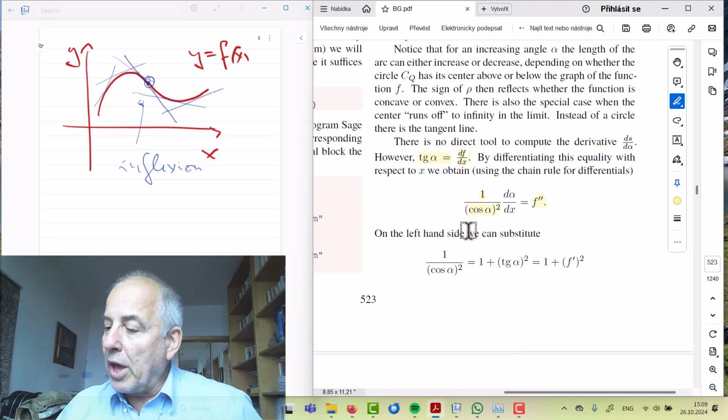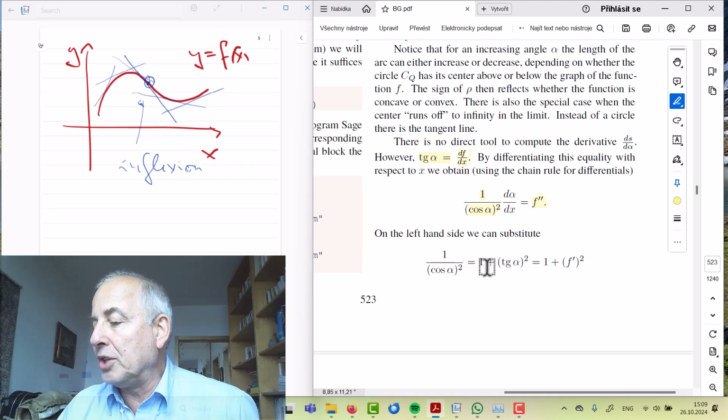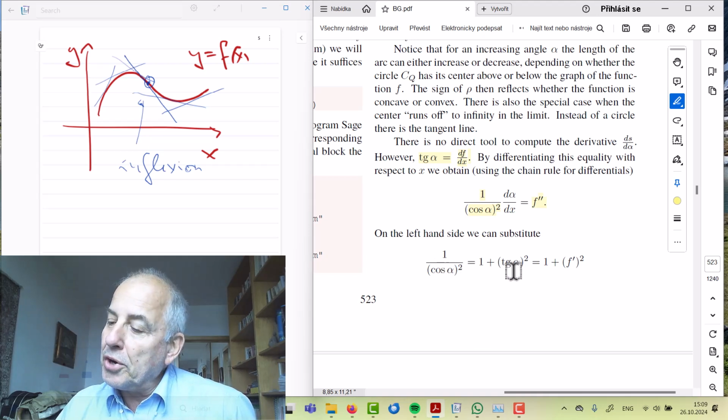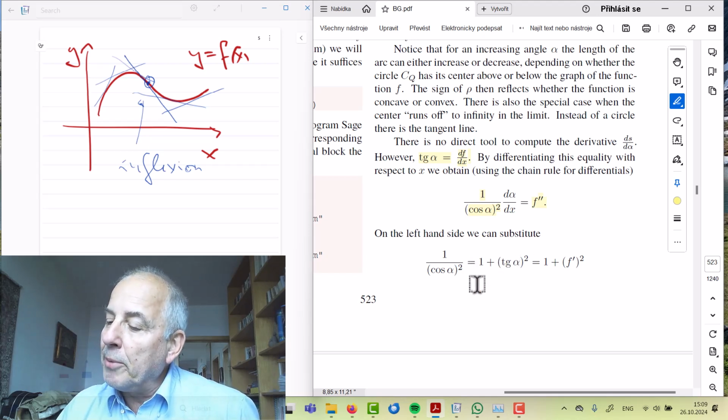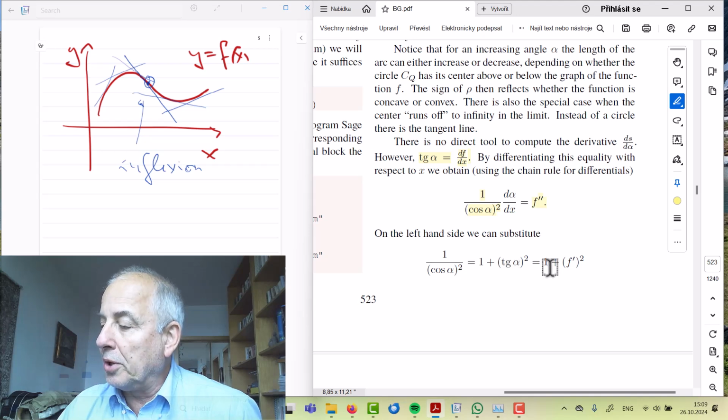And if we put this equality there, which is obvious, and put it to the common denominator, cosine square, then upstairs you get cosine square plus sine square, so it's 1, so it's okay. It's like here, and you see that this is the derivative.